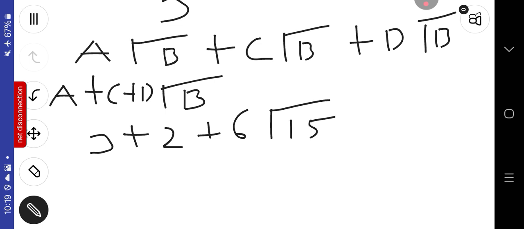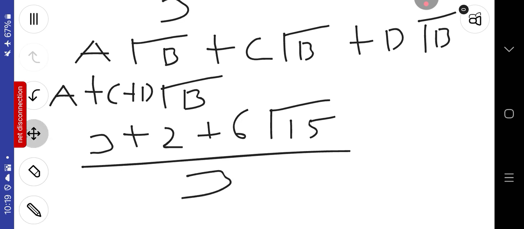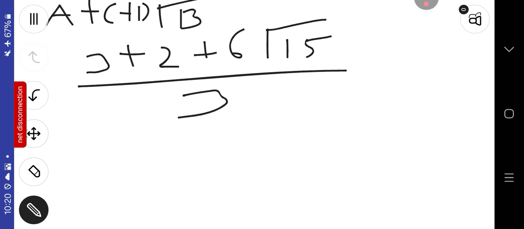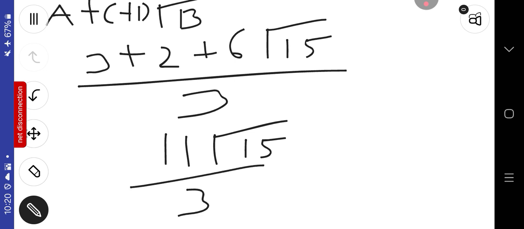So now you know why we are picking only one square root of 15, all over 3. Are you there? So this will give us 6 plus 2 plus 3, which gives us 11. So you're going to have 11 root 15 over 3. So this will be our final answer.